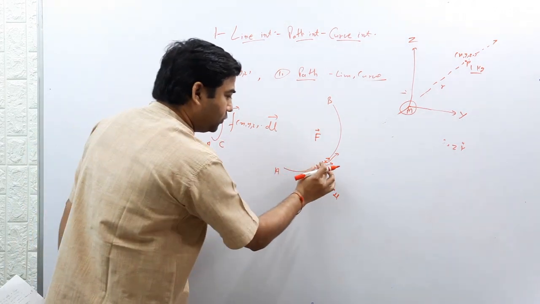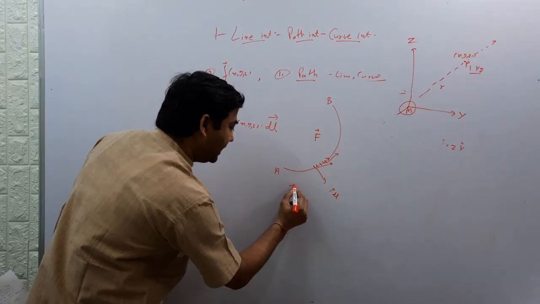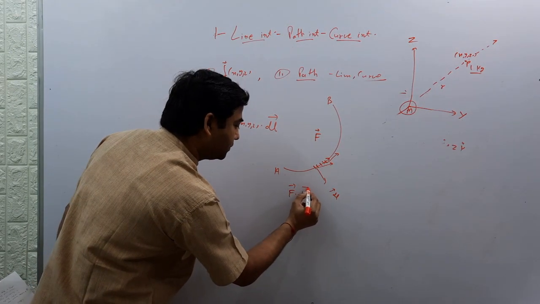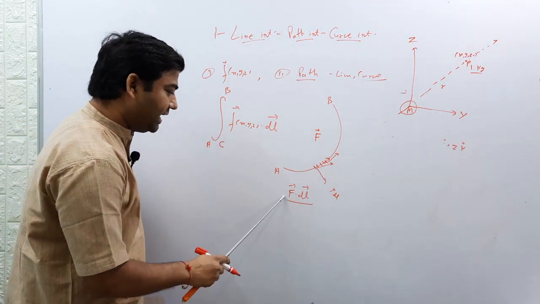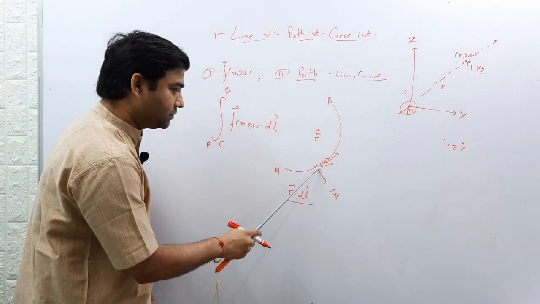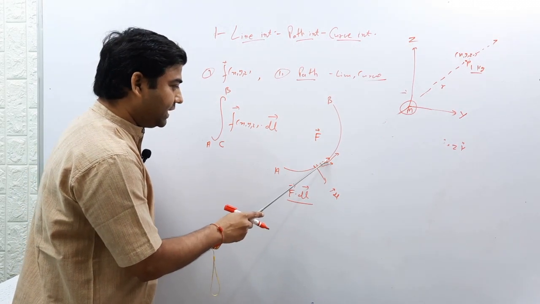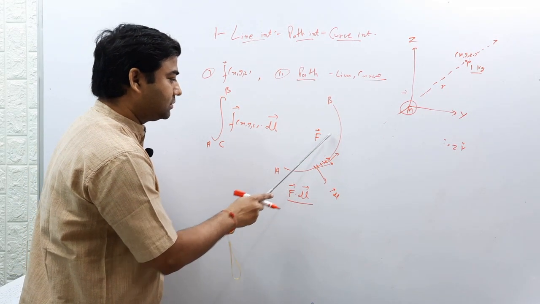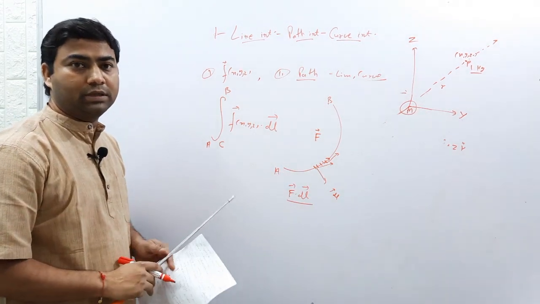So for this small displacement vector, you will find the vector dot product, F dot dl. Similarly, you will find F dot dl for every division from A to B and add those dot products.